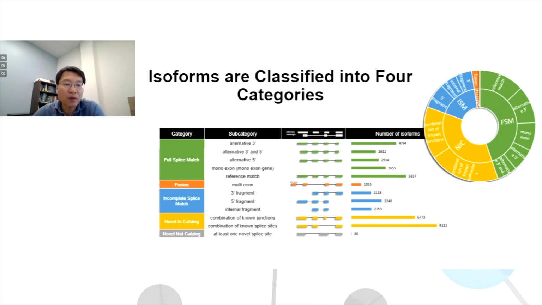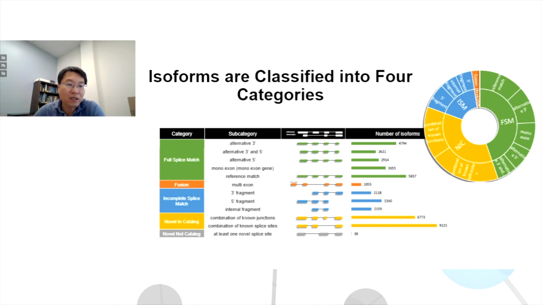And then you have the novel ones. Novel in catalog, meaning they have the same exons as annotated, but their junctions are not observed or annotated before. So for example, you're skipping an exon or something like that. And then there's novel not in catalog, meaning not only are the junctions different, but also the exons are not annotated before.